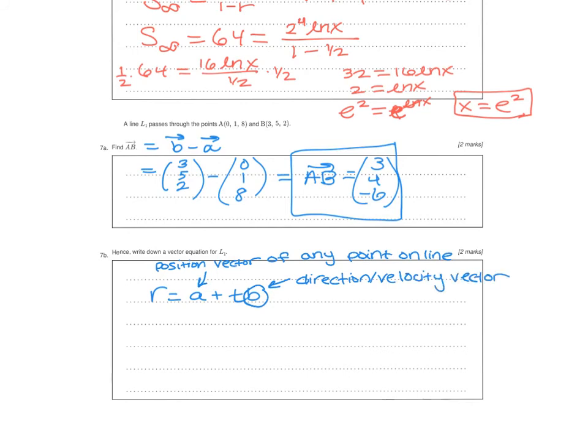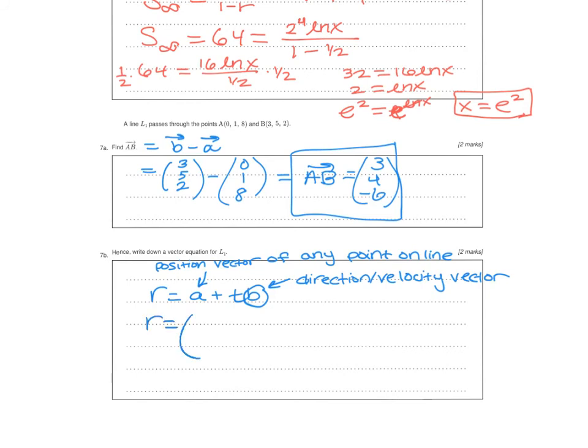It's just a vector that represents the direction of the line. Well, we know that if both A and B are on the line, the direction of the line is from A to B. That's AB that we already found.